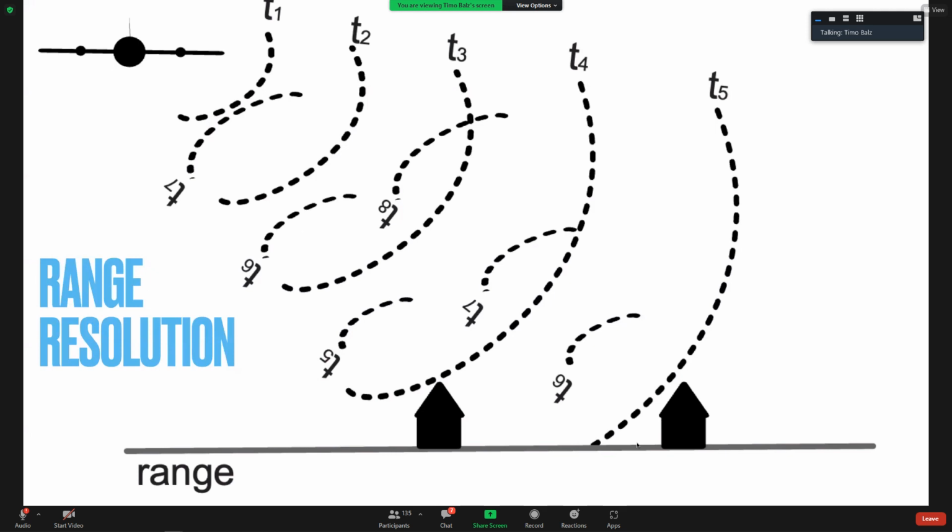And the other direction is the azimuth direction. That would be the direction that your sensor is moving. If you think about this slide, that would be the direction basically into your screen, or going out of your screen. That is the azimuth direction, the direction in which the sensor is moving.